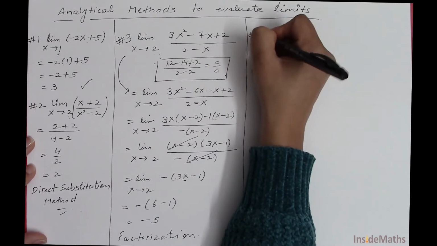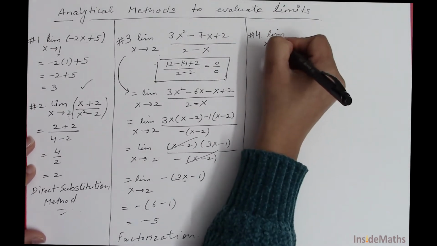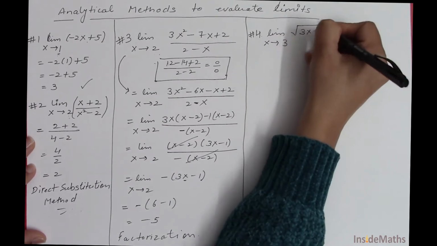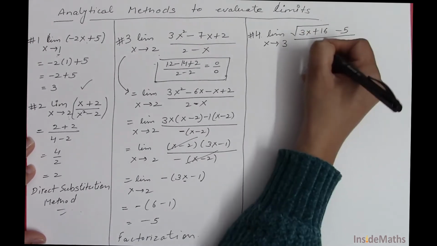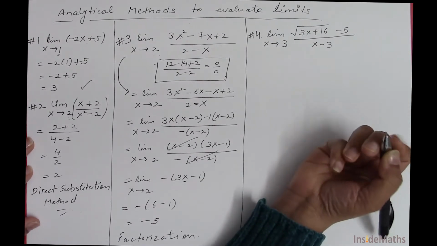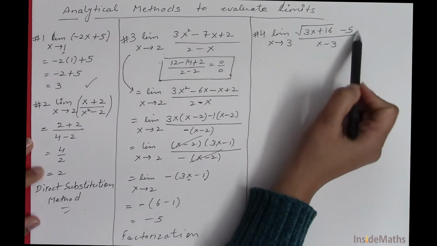Let's see another example. Limit x approaches 3 of (root of 3x plus 16 minus 5) over (x minus 3). Now here again, what is the first step? To put this value into the function.